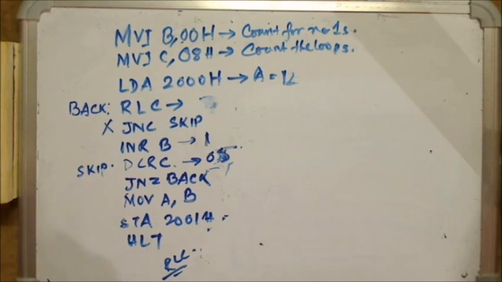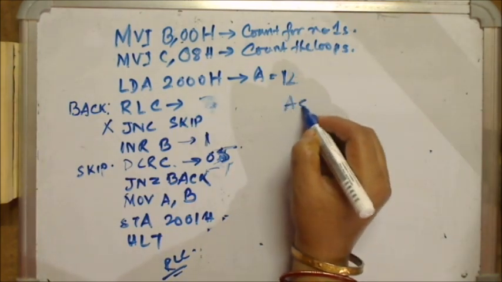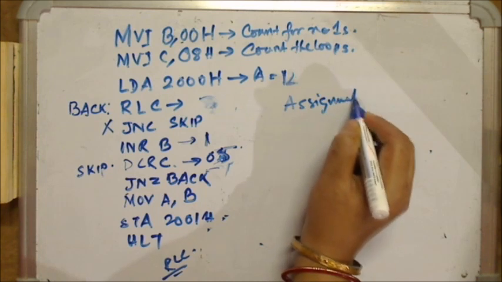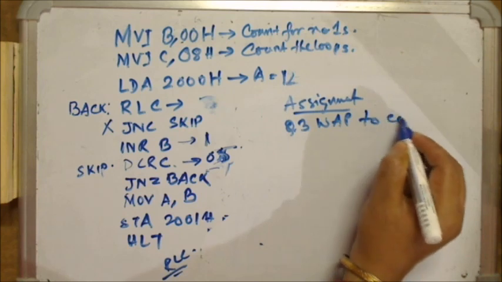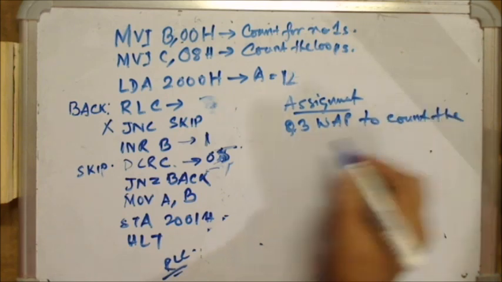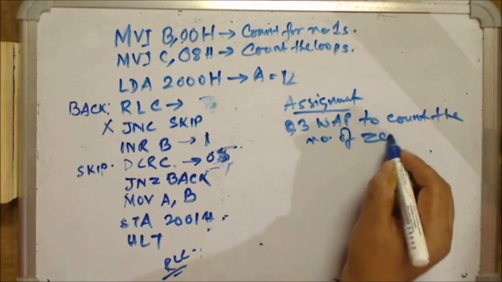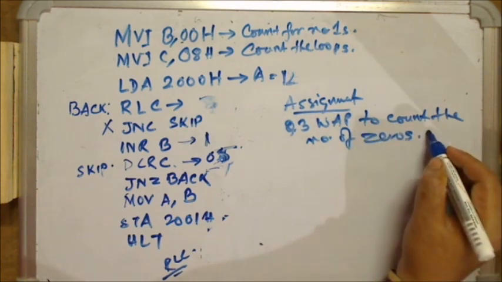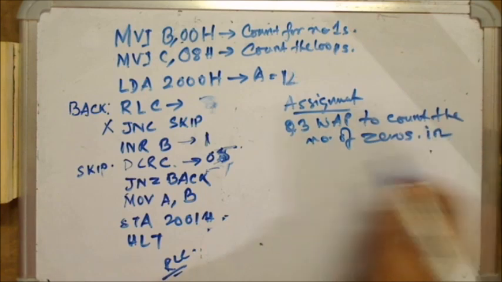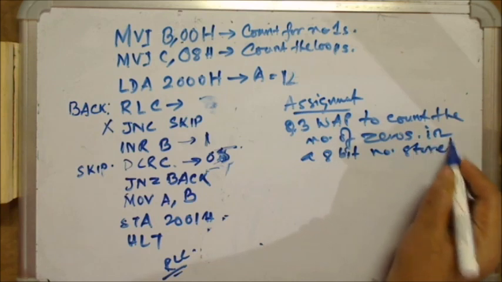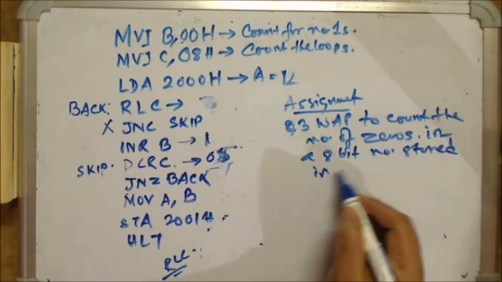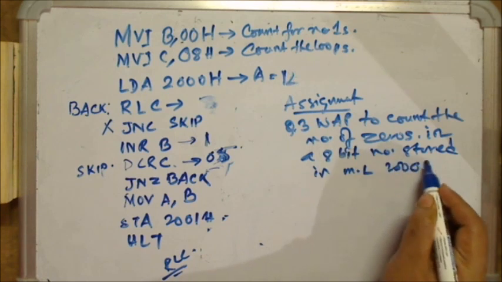Now in your assignment, question number 3 will be: write a program to count the number of zeros in an 8-bit number stored in memory location 2000H.